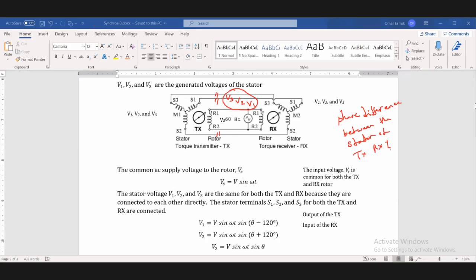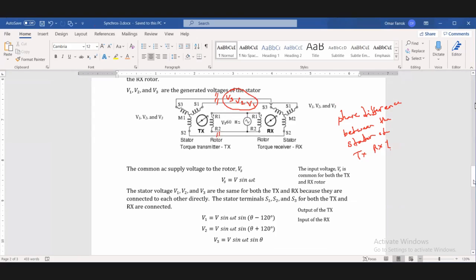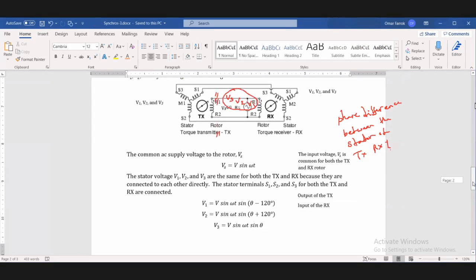We have to declare that not only the phase difference but the voltages are the same.